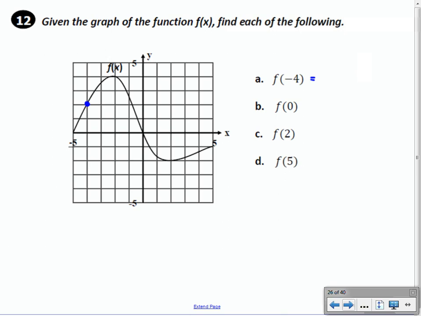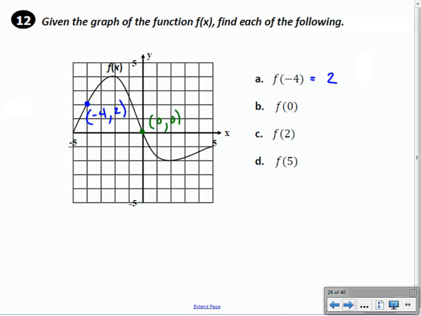Here's the point on my graph that has an x value of negative 4. So if we write this ordered pair, this is the ordered pair negative 4, 2. That's telling me that for this function, when I have an x value of negative 4, I have a y value of 2. Or for f of 0, here's my point on the graph with an x value of 0.